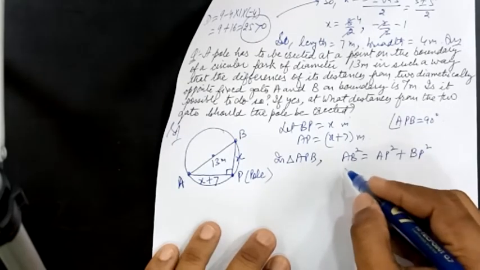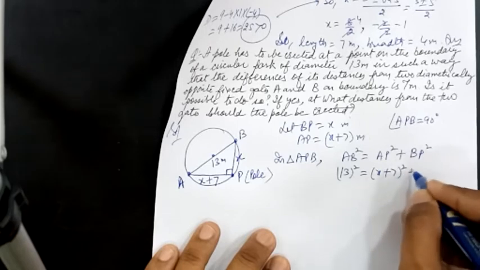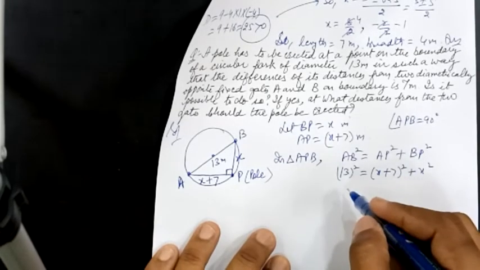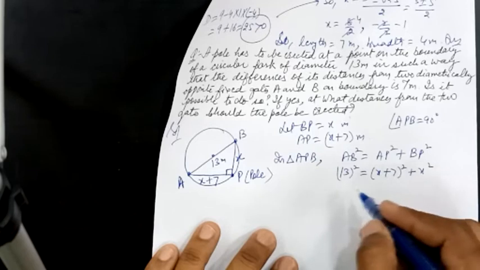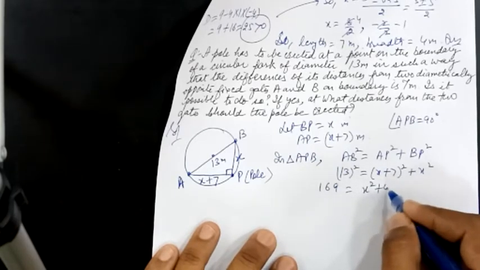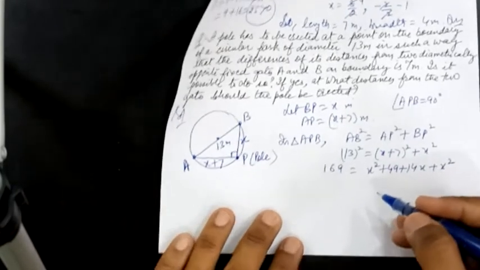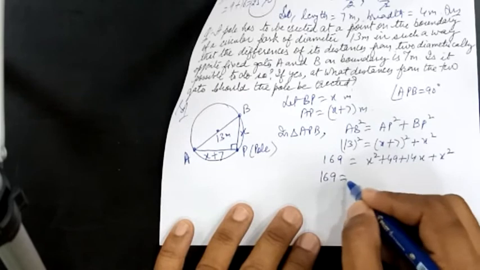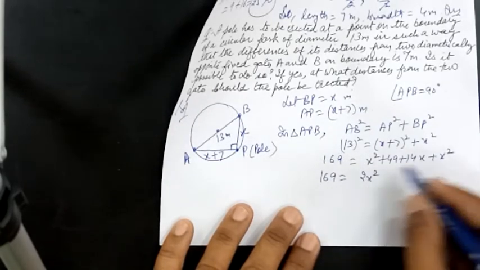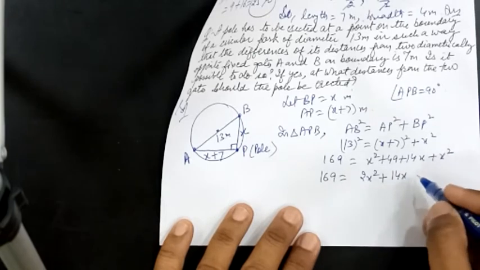That is 13 squared is equal to (x plus 7) squared plus x squared. So what you get is 169 is equal to x squared plus 49 plus 14x plus x squared. Now what will happen? 169 is equal to twice x squared plus 14x plus 49.